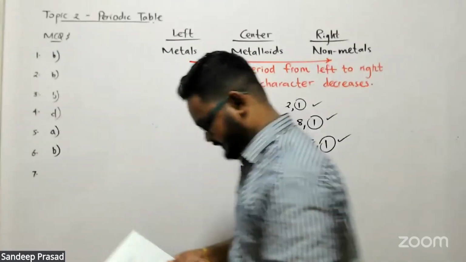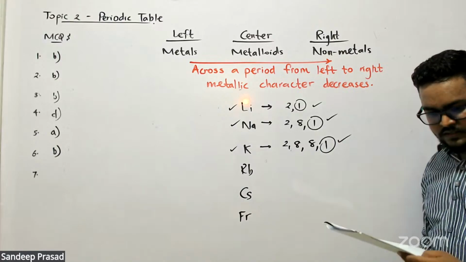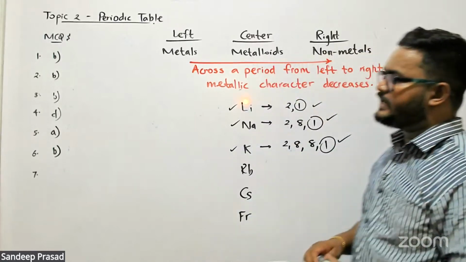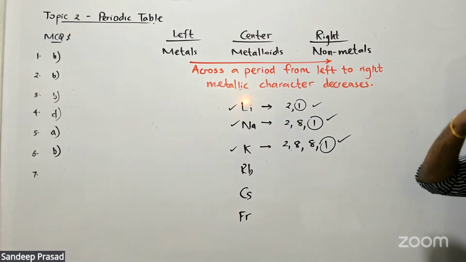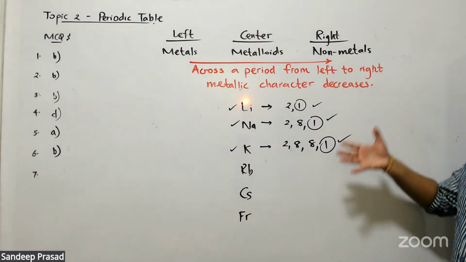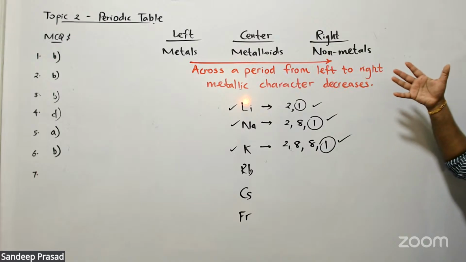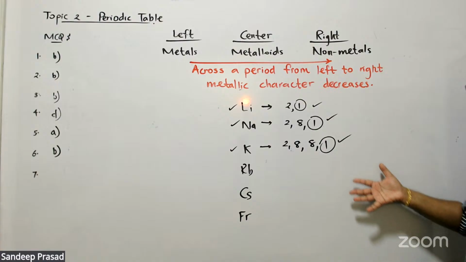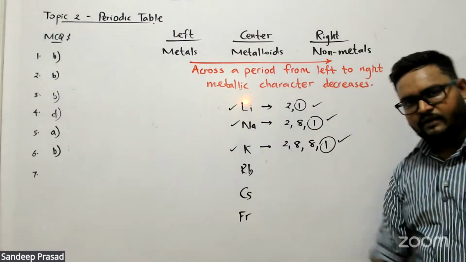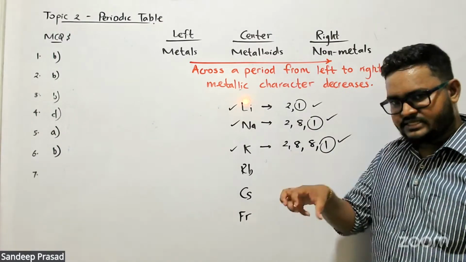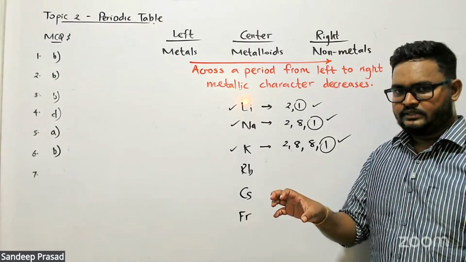Question number 7. Okay. Noble gases are not forming chemical bonds. So therefore, they have neither metallic character nor non-metallic character. So noble gases stay here as neutral.